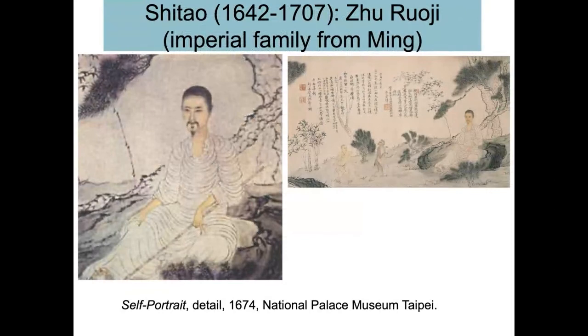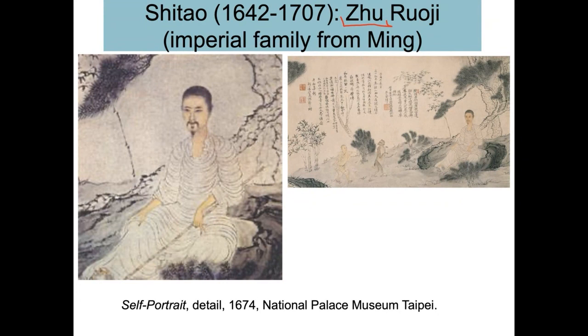This is Shi Tao's own self-portraiture. So he was also a member of the imperial family. His original name was Zhu Ruoji. And this is his own image. So in order to avoid the Manchu style dress code, which he thought quite humiliating, he dressed himself as an old-fashioned monk with a walking stick, and shaved the head because he's a Buddhist monk.